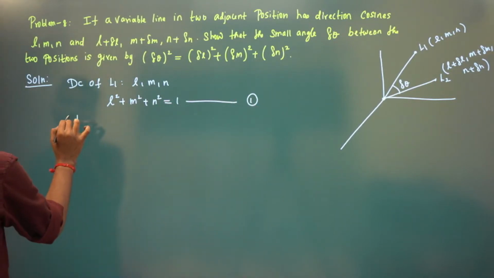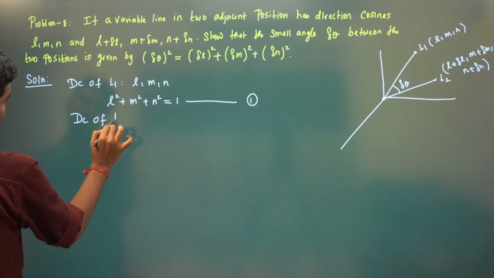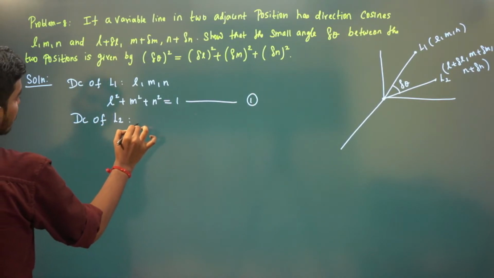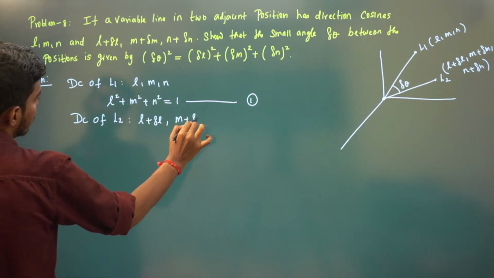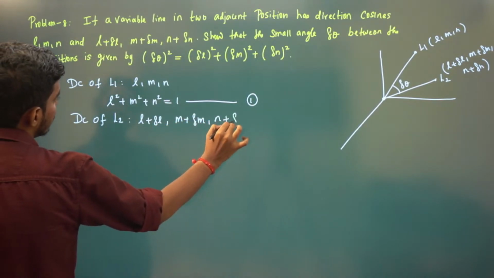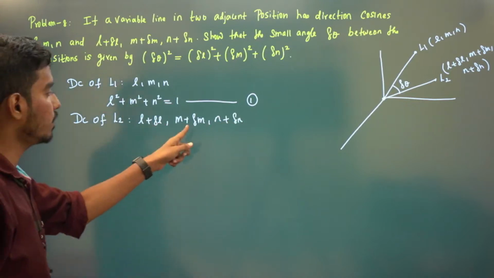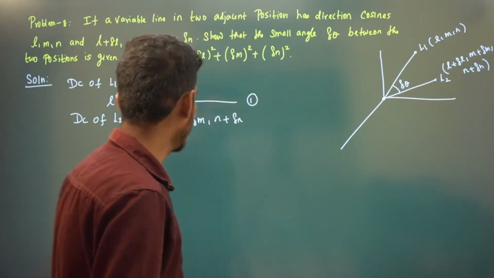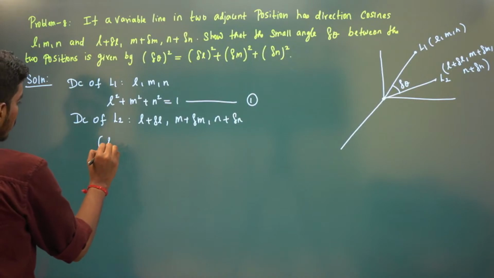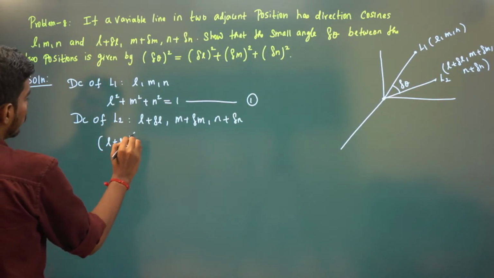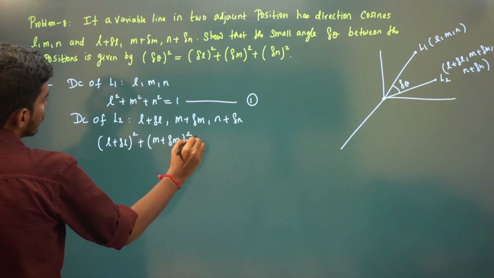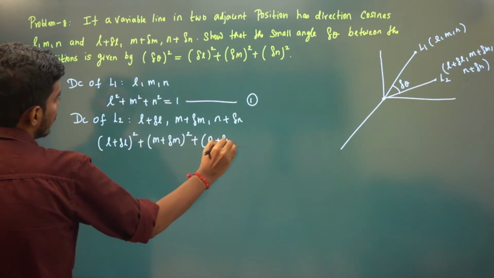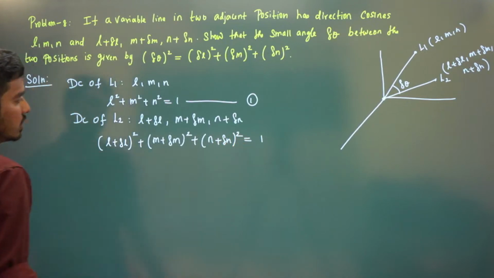And the second line has direction cosines L plus del L, M plus del M, N plus del N. So if I square it up and add it, again it will be equal to 1 only, right? So we will have L plus del L whole square plus M plus del M whole square plus N plus del N whole square is always equal to 1.